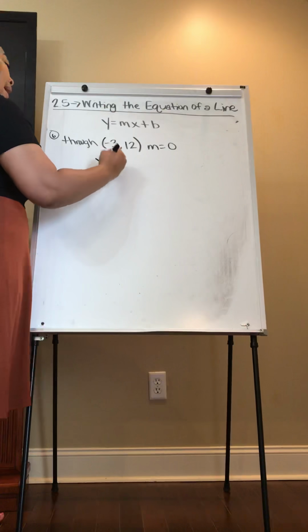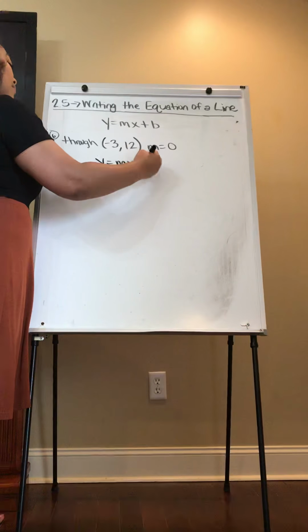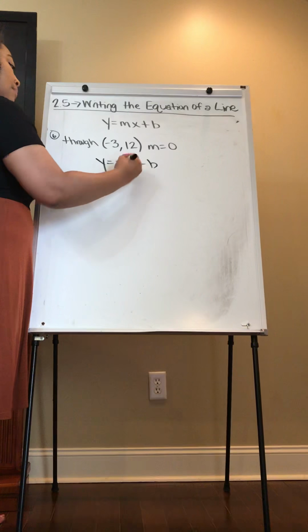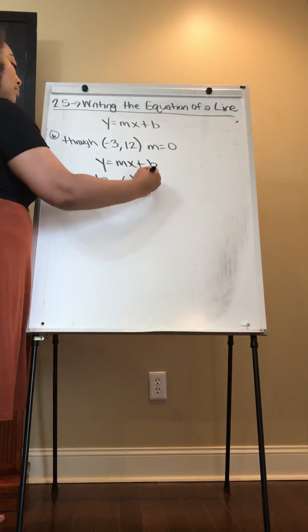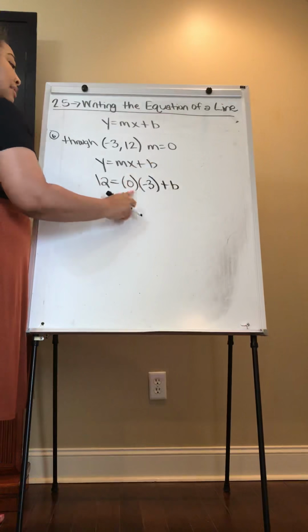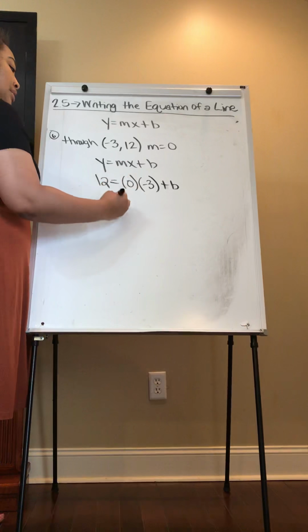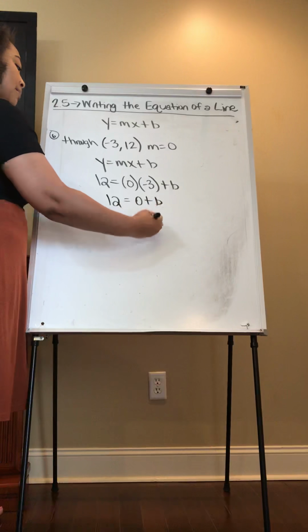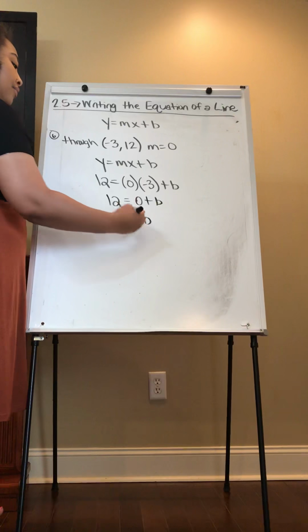So you can plug this in. My y is 12, my m is 0, and my x is -3. Now 0 times any number is just 0. So that means my b is just 12.